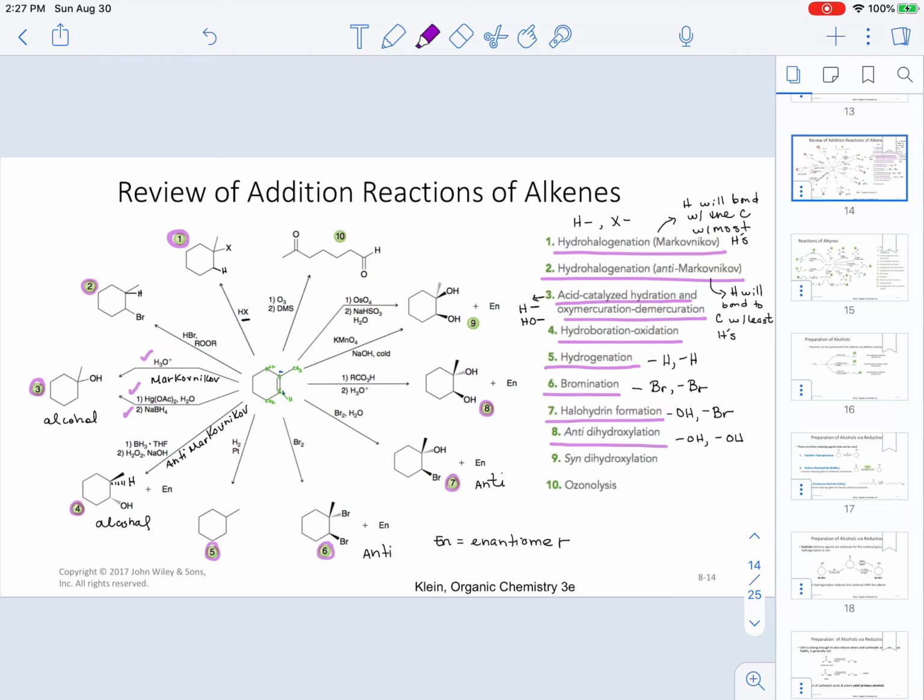We have the syn dihydroxylation reaction. Again, similar to reaction 8, each of the carbon atoms that used to be double bonded to one another are going to receive OHs, but in this case, if it's a syn dihydroxylation, then they're going to come in on the same side.